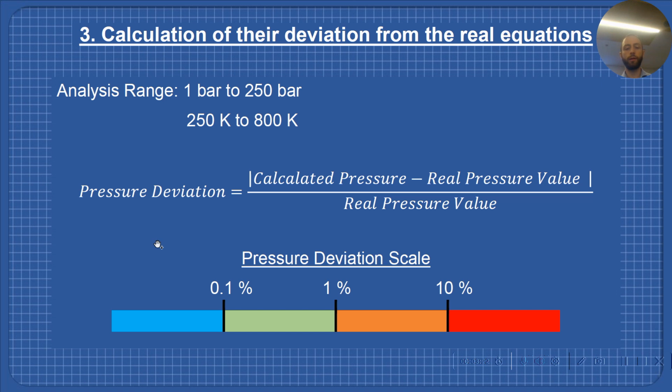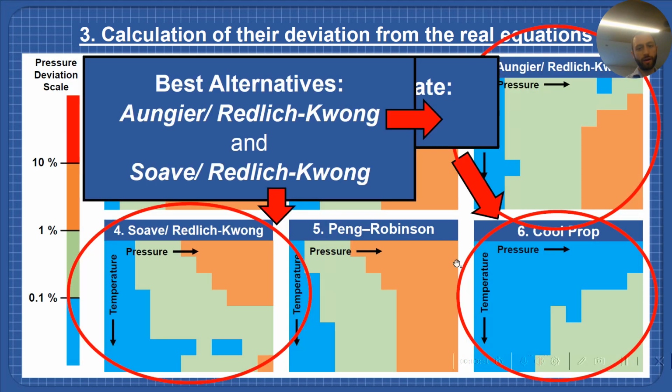In order to make the evaluation easier, we colored the deviations. The best one, the more precise, with 0.1% deviation, is blue. Then we have between 0.1% to 1% deviation with green, 1% to 10% with orange, and, well, the worst case, 10% deviation and above with red.